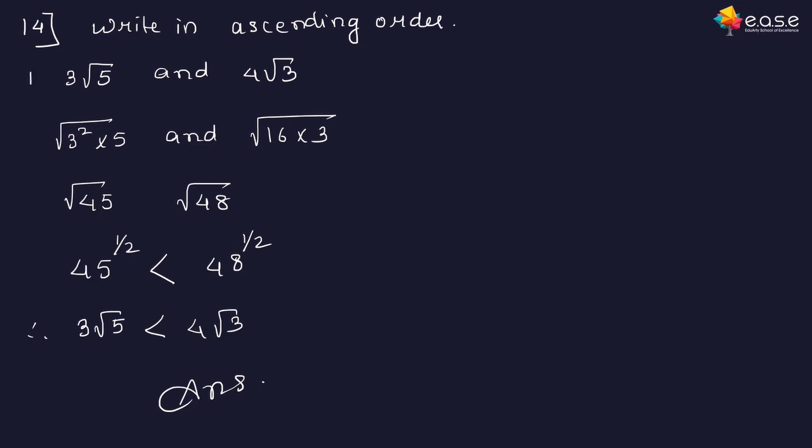This was the first part, the second part in another color, so that you guys can understand, since drawing a line here is getting a little challenging. Now we have 2 into the third root of 5, and 3 into the third root of 2. Because this is the third root, we have to take 2 inside the third root, that means we have to cube 2, correct?